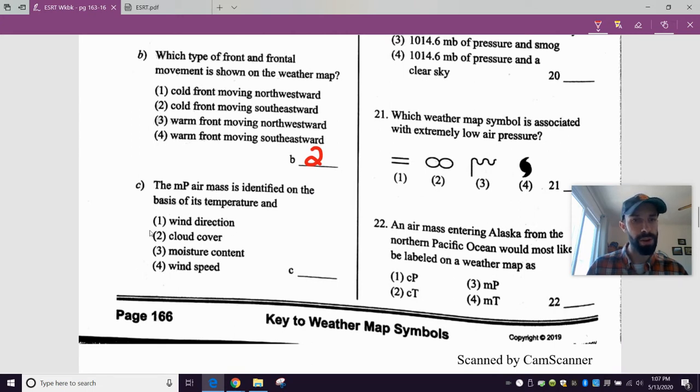Is it related to wind direction? No. Is it related to cloud cover? Not exactly. Okay. Is it related to moisture content? Yeah. How much moisture is in the air is related to how much is evaporating. Okay. And so we have a lot of evaporation off the ocean, so it would be really, really humid. So this is the answer right here, number 3. It doesn't have anything to do with wind speed.